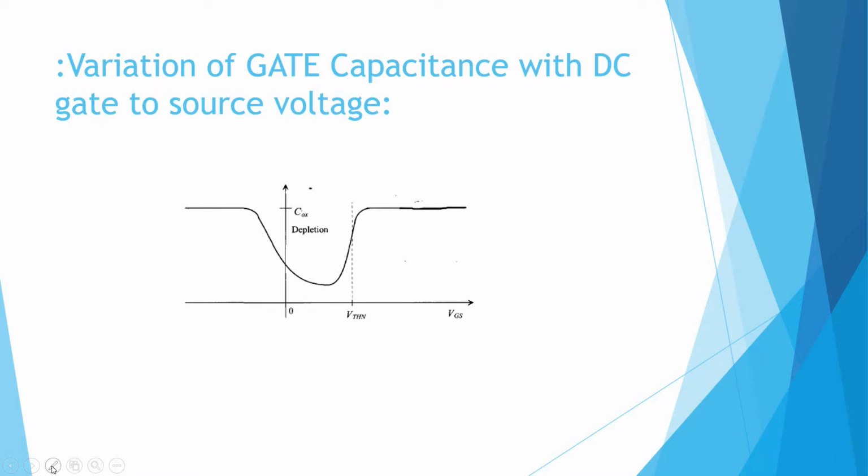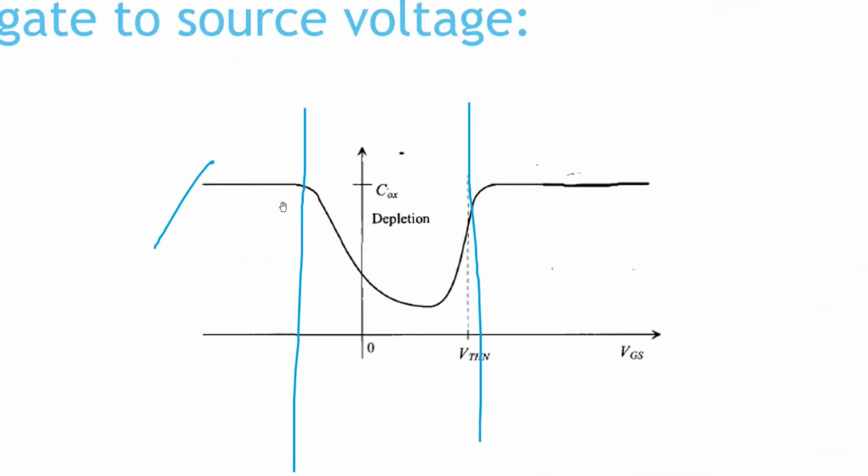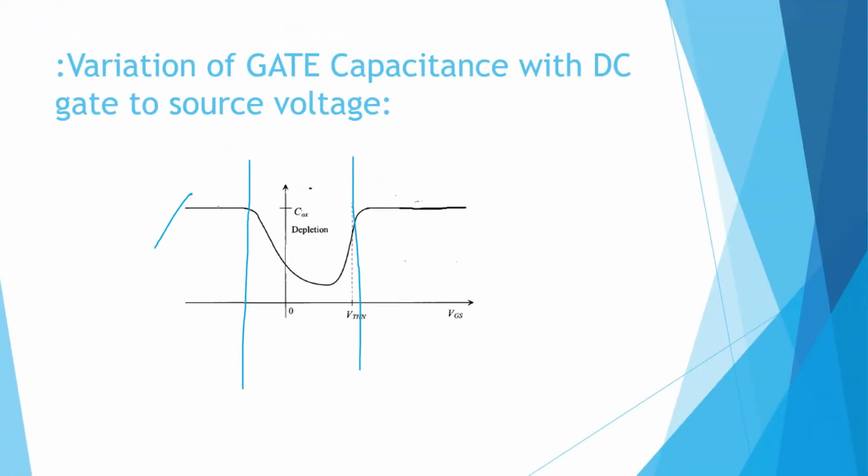Now you can try to make two partitions of this graph. Suppose you want to apply the MOSFET as a capacitor. If you consider this part and this part, the capacitance is high, so you can consider either part as a capacitor used in your circuit.